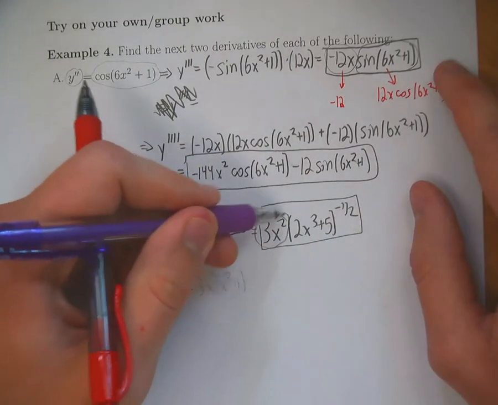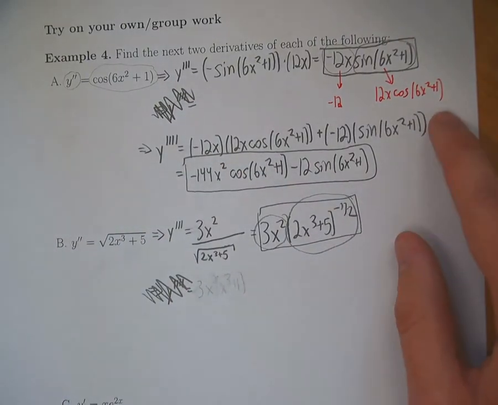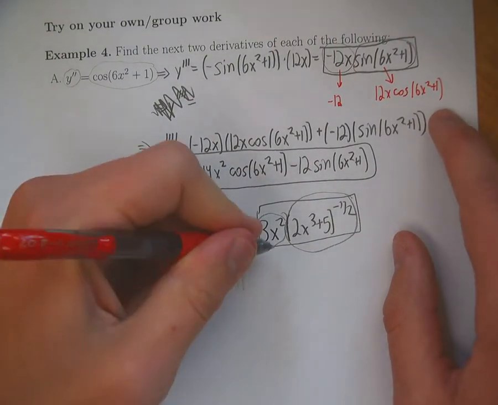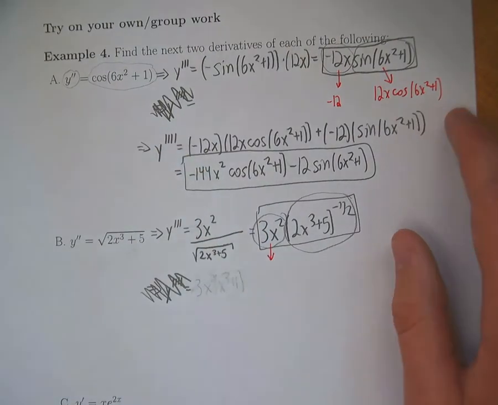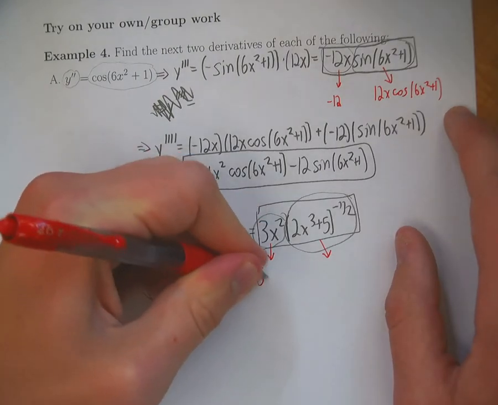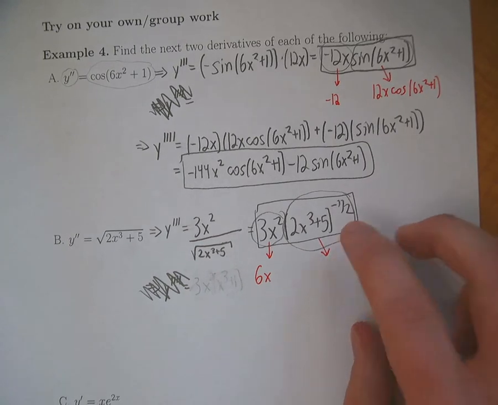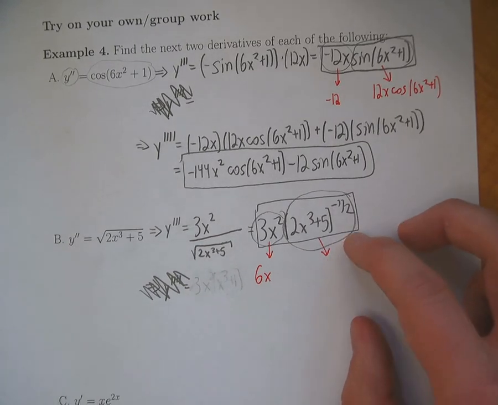So we have 3x squared and then 2x cubed plus 5 to the negative 1/2. Okay? So let's find the respective derivatives of these. 3x squared, well, application of power rule tells you that's 6x. So then what would the derivative of this be, using chain rule?